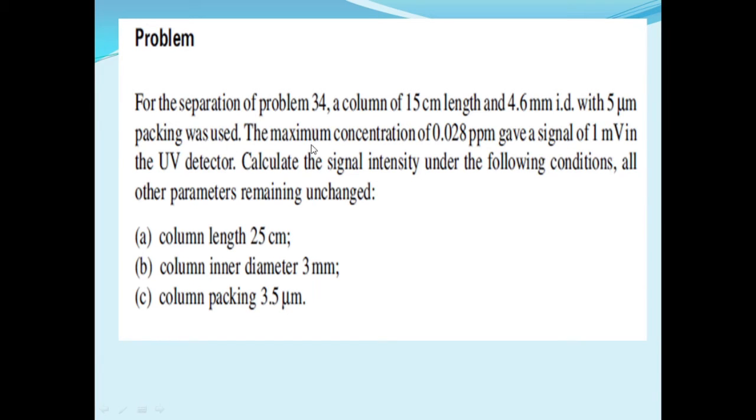The maximum concentration of 0.028 ppm gave a signal of 1 millivolt in the UV detector. Calculate the signal intensity under the following conditions, all other parameters remaining unchanged, that is same as the previous problem. Here column length 25 centimeter, column inner diameter 3 mm and column packing 3.5 micrometer.